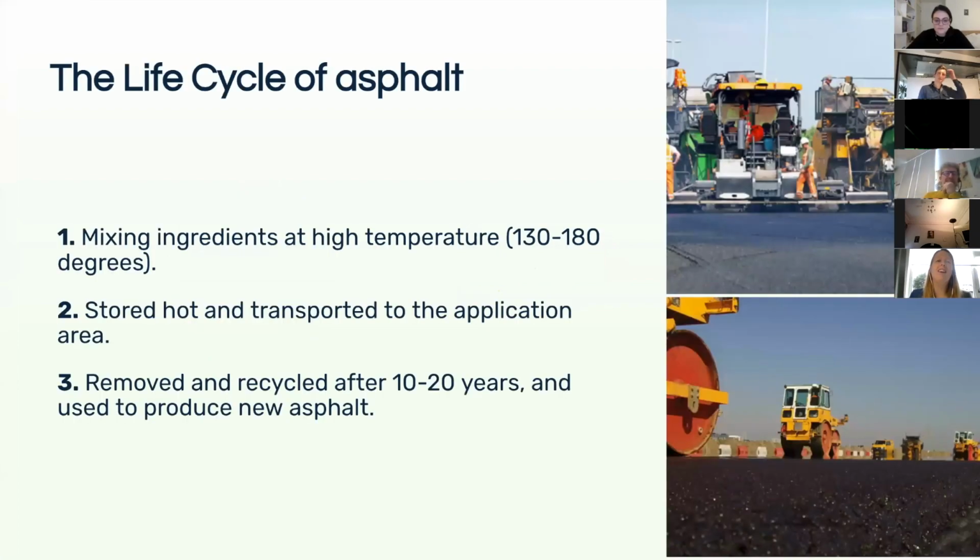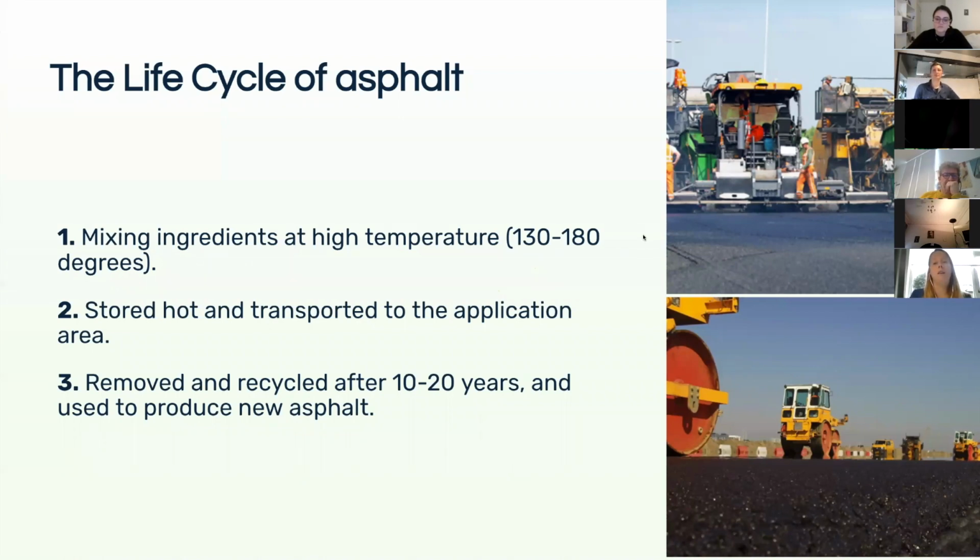Next slide. So indeed, as Toby told you, we all know asphalt as the material on our roads. And asphalt is actually produced by mixing stones and bitumen and sand and other filling agents, and actually also old asphalt.